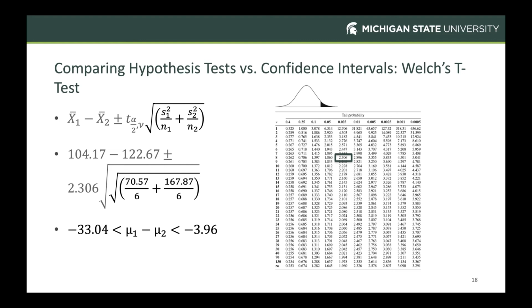To that end, if we have fewer degrees of freedom, we want to establish a larger critical value as a consequence, okay? When we construct confidence intervals, we're going to use basically the exact same rationale.